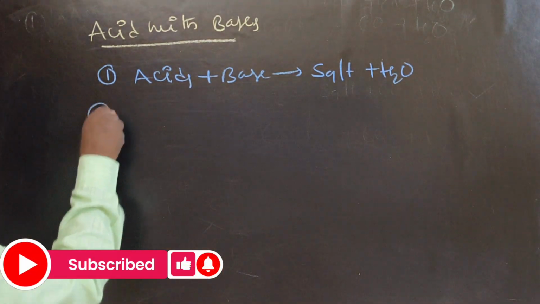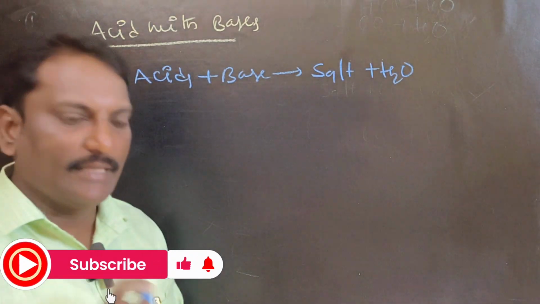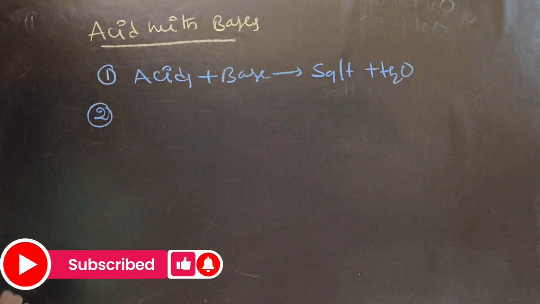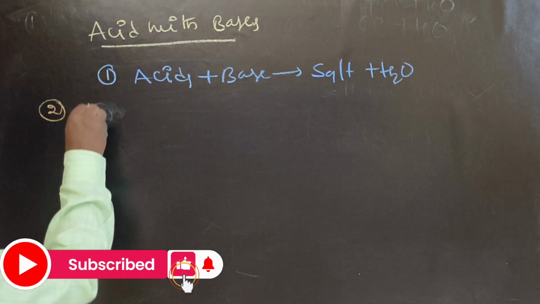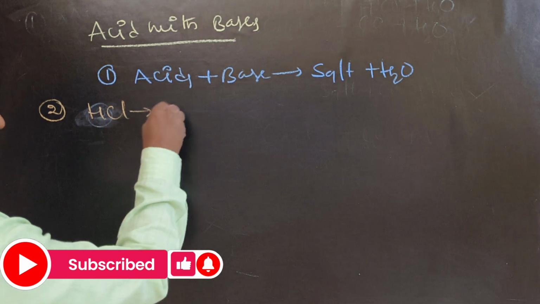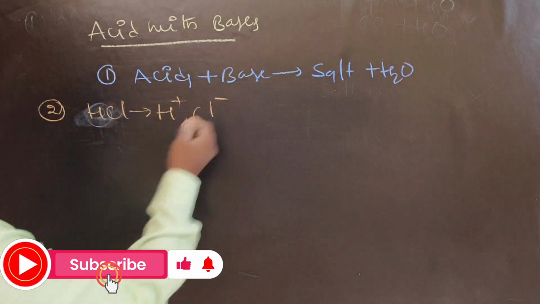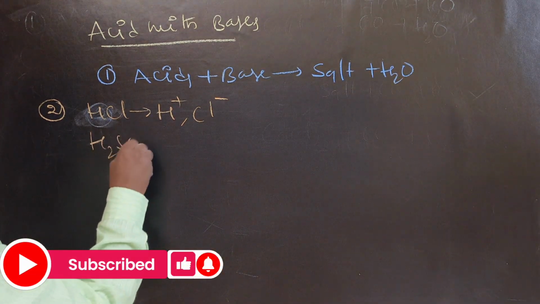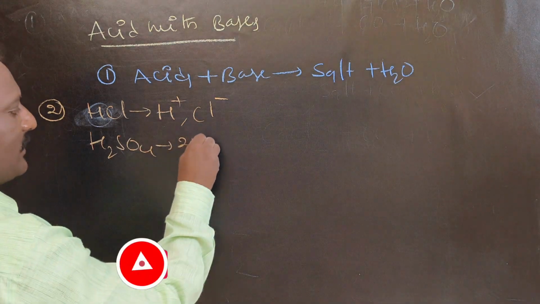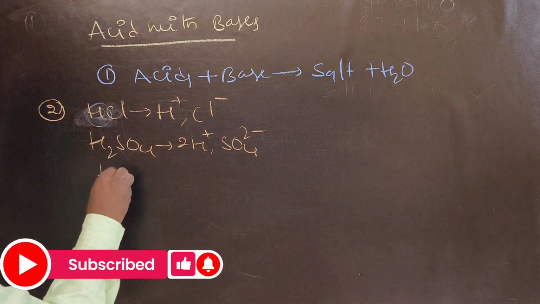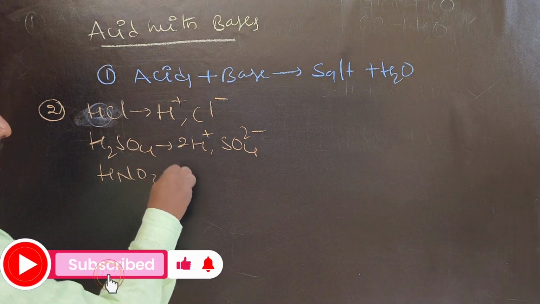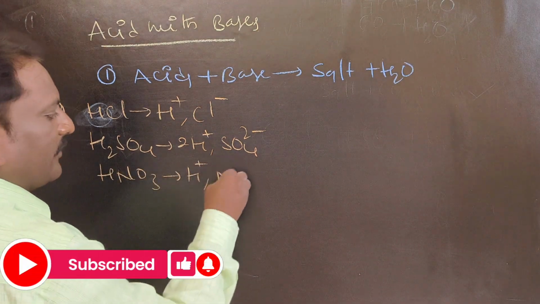Point number 2, acids and their examples. Hydrochloric acid, H plus and Cl minus. Sulfuric acid, 2H plus and SO4 2 minus. Nitric acid HNO3, H plus and NO3 minus ion.